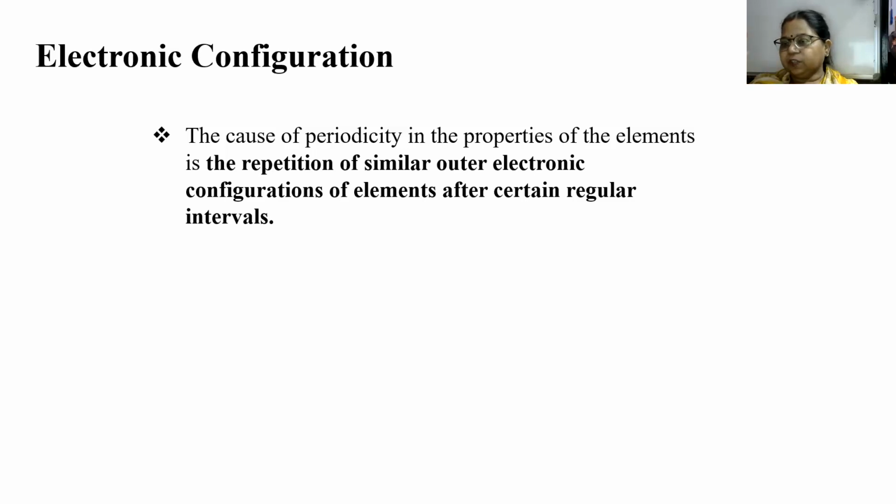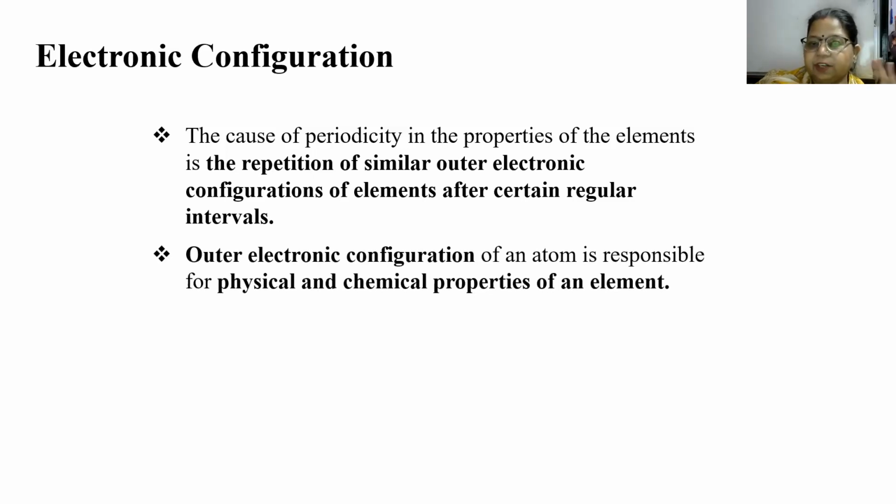For the benefit of some students, a reminder: 24 and 29 have to be taken care of as exceptions, right? Next year in class 12, in the d and f block elements, you will find the configuration of platinum also as an exception. But right now you don't have to deal with that.